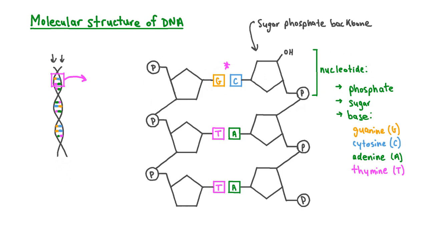Guanine always pairs with cytosine, and adenine always pairs with thymine. These base pairs are joined due to hydrogen bonding. There are 3 hydrogen bonds between guanine and cytosine, while there are 2 between adenine and thymine. These hydrogen bonds are what hold the two strands of DNA together and help to form this double helix structure.